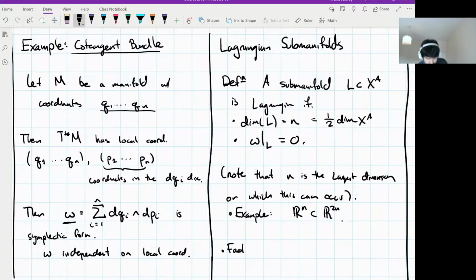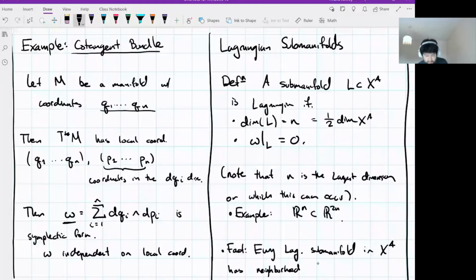And there's kind of a fact, which is that every Lagrangian submanifold L in X_A has a neighborhood that looks like a portion of the cotangent bundle T*L.